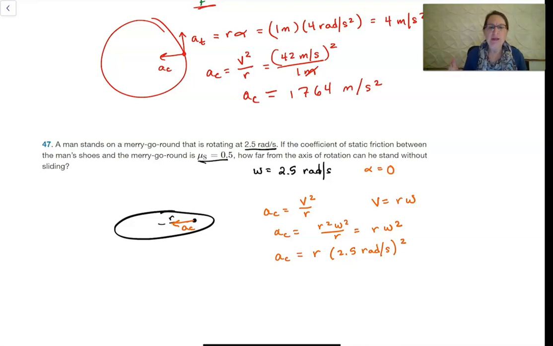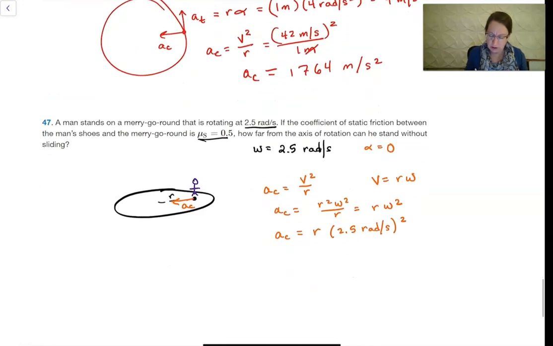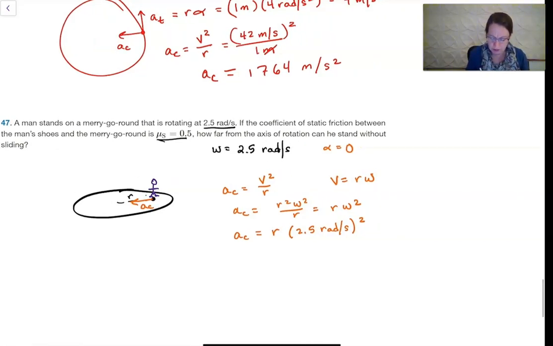And the question is, when does friction let go and you can't stay on anymore? Because friction is what's providing this force if you're standing there. So if we're standing here, then friction between your feet and the merry-go-round is what keeps you on the platform. So our friction force is going to point towards the center, static friction.